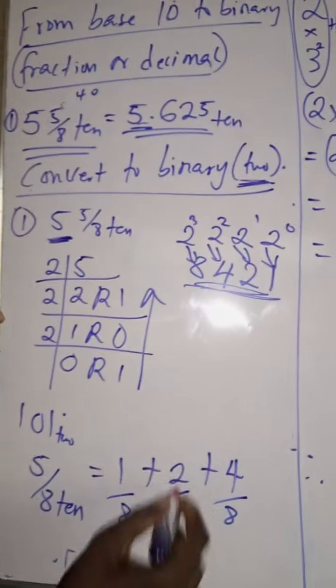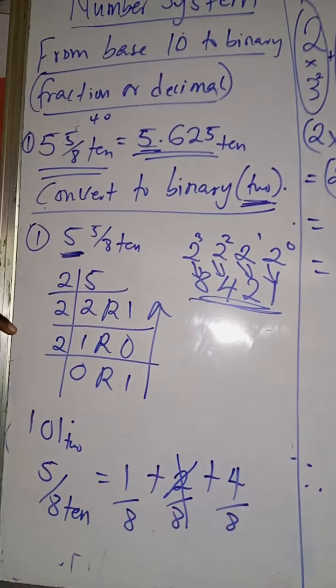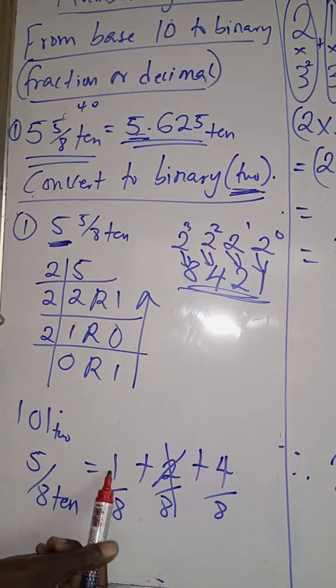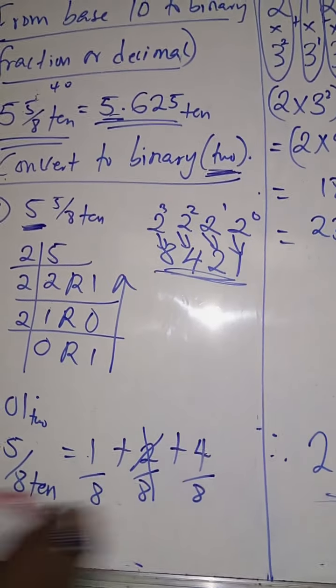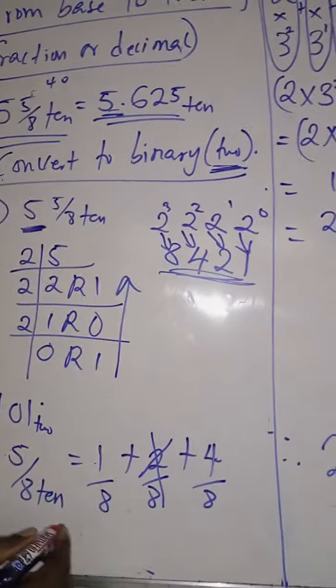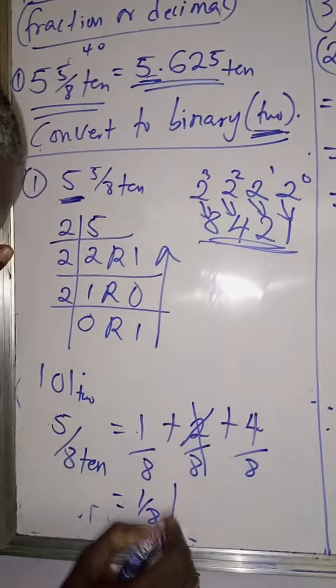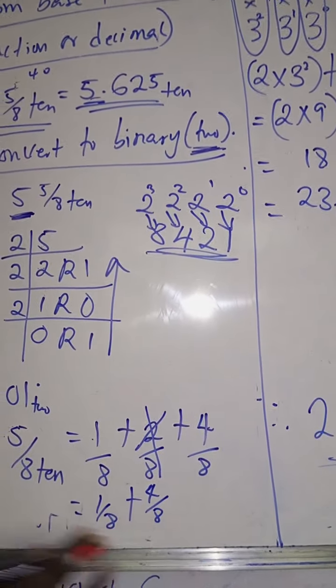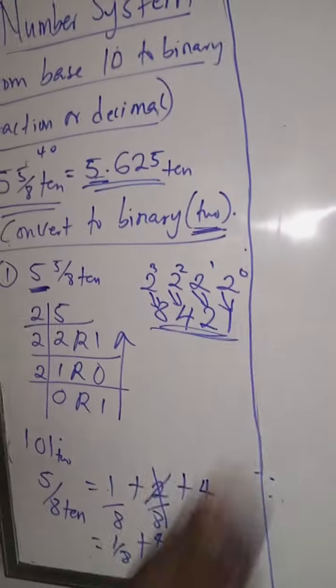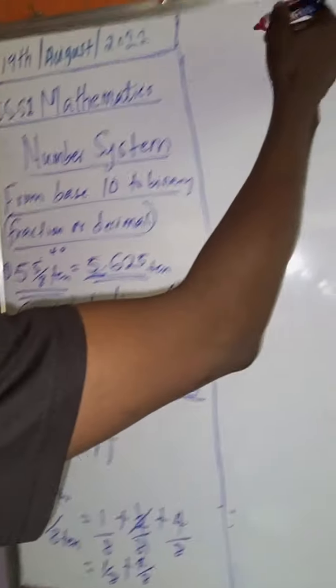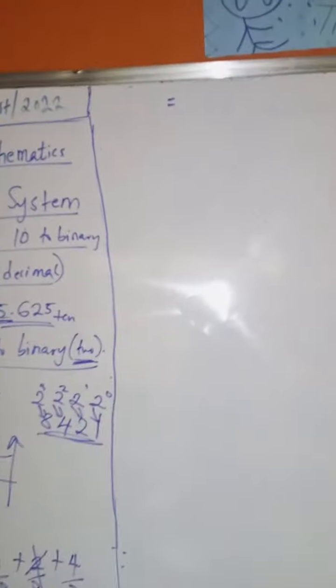So the one that I'll cancel is this one, so that it will be able to give me 1 plus 4, 5. That's the numerator. I have cancelled this, so I only have 1 over 8 plus 4 over 8. Then let's continue. This will now be equal to, like I told you, let your equal sign be in line.